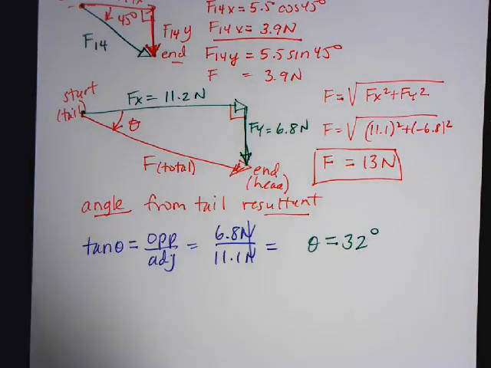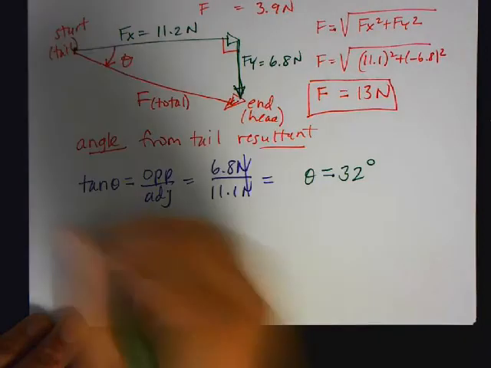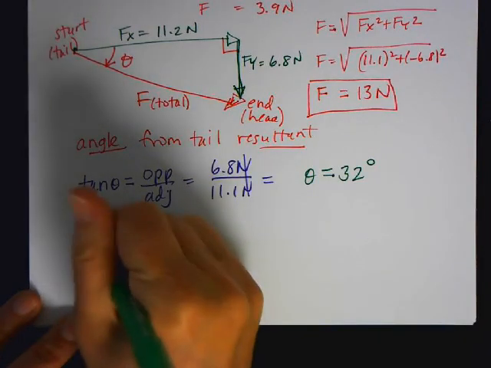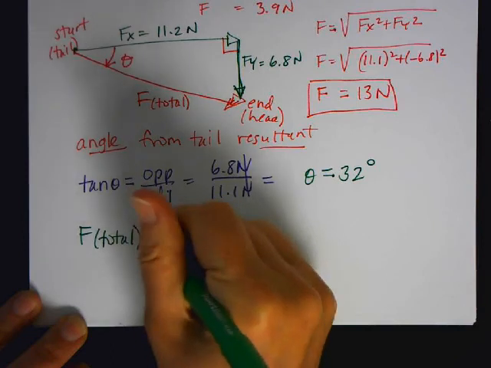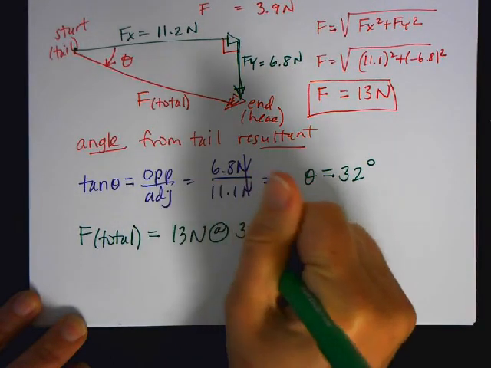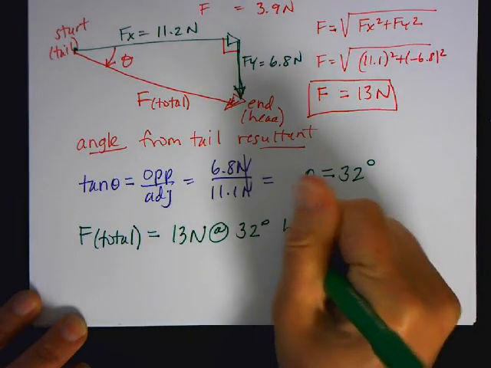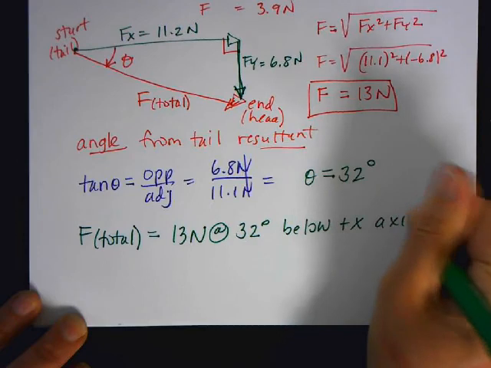So my final answer, and this is just for part A, I know, my final answer is F total is equal to 13 newtons at 32 degrees below the positive x axis.